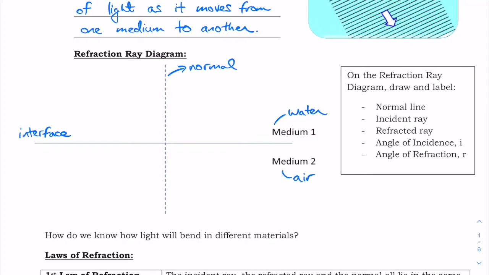What happens as light goes from water to air? Let's take a look. So we'll sketch an incident ray of light, like so. Okay, let's label this incident ray.